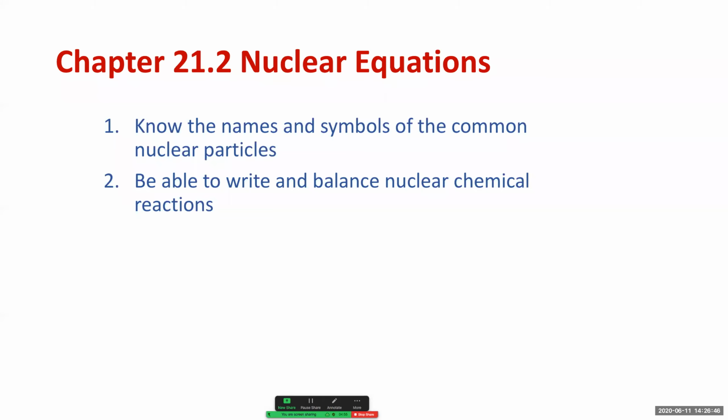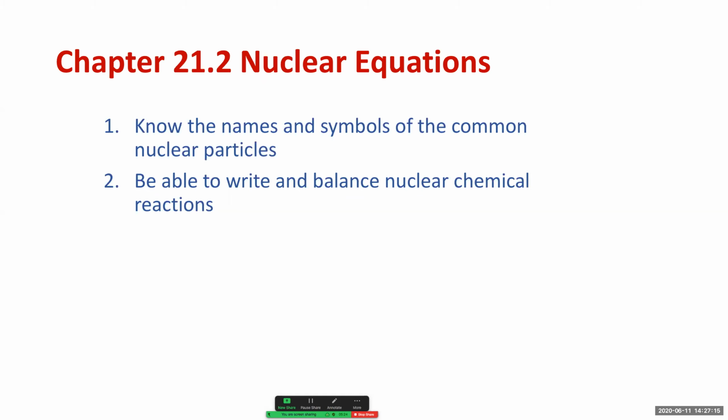Some of these are decay particles, where radioactive decay occurs, and others are used to induce nuclear reactions. We'll go over those. You need to know the symbols, the names, and their masses and charges.